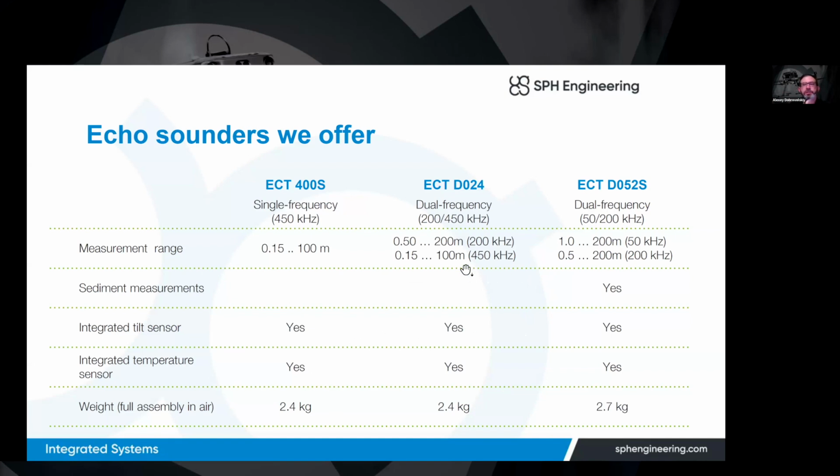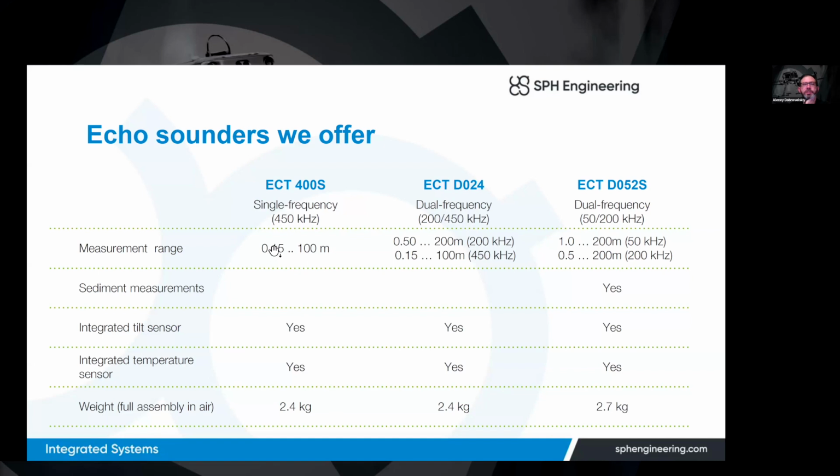So if you need to measure a depth of less than 1 meter, you cannot use that device, because the minimum depth for the lower frequency will be 1 meter. Maybe you can use that model. But in many cases, when your water body is very shallow, say half a meter, you can use only the single frequency echo sounder because of the dead zone.